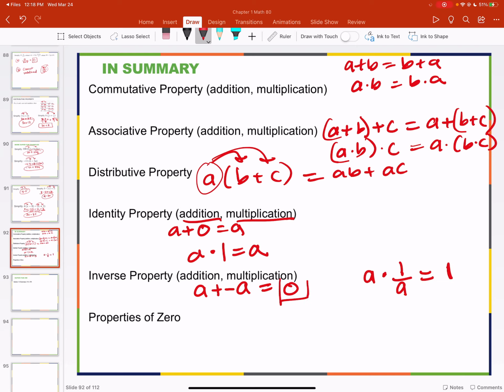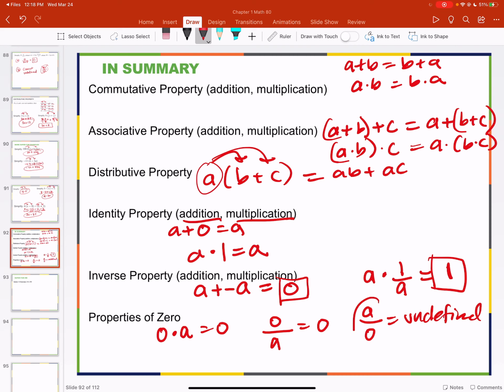Okay, they get us back to the identity. Properties of 0: any number times 0 is equal to 0. 0 divided by any number is equal to 0. But any number divided by 0 is considered undefined. This is a big mathematical no-no. We cannot divide by 0.